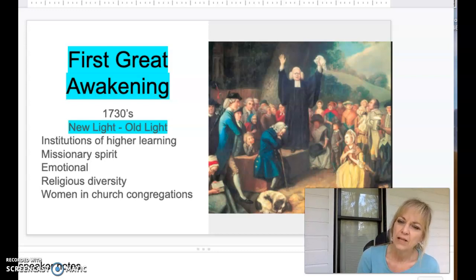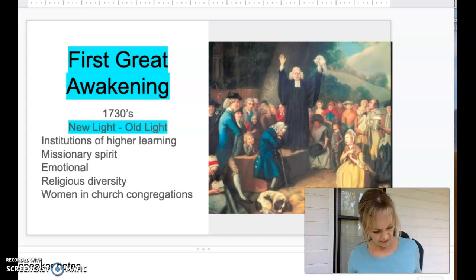You had New Light ministers who were the opposite of the Old Light ministers, but some of the consequences of the First Great Awakening are going to be the establishment of these institutions of higher learning, a renewed missionary spirit, more religious diversity, and women participating more in church congregations.